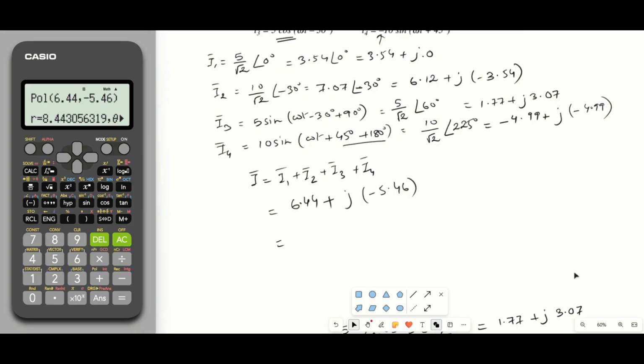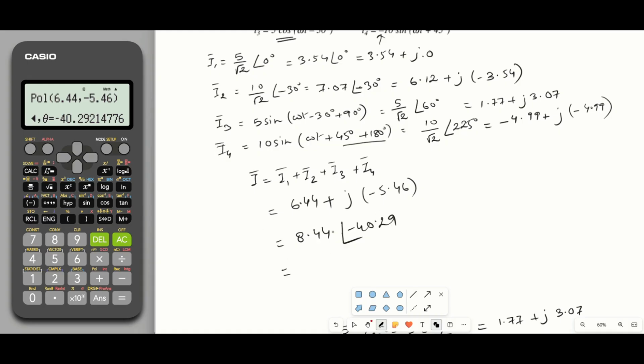So after converting the rectangular term into polar term, we will be having it as 8.44, and the angle is given as minus 40.29.